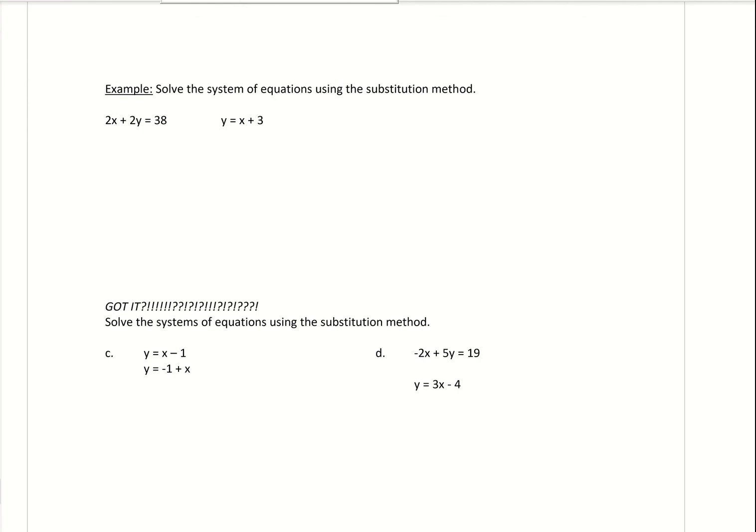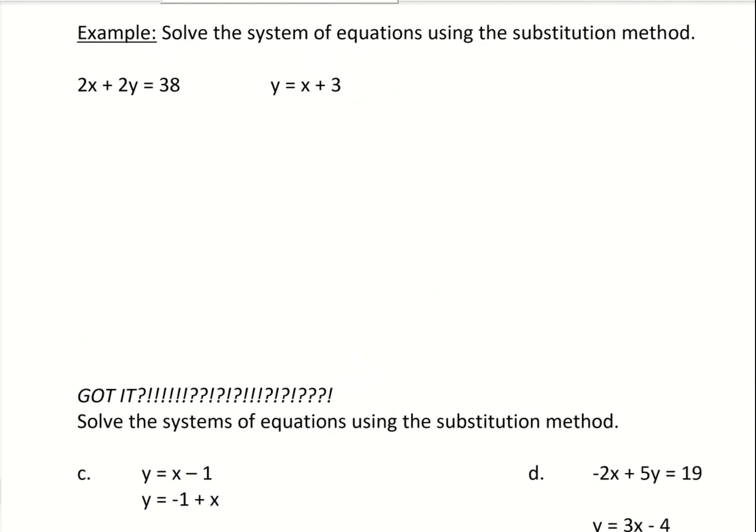All right, so the next one, we have a problem that says solve the system of equations using the substitution method. Again, this time you're going to notice, though, that they are not both in the form of y equals, which means we don't really get a choice on which one to use to plug in. Now, one thing you could do here is put this one into slope-intercept form so that you have y by itself.